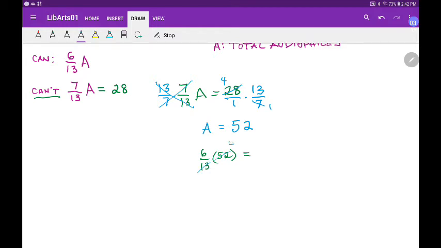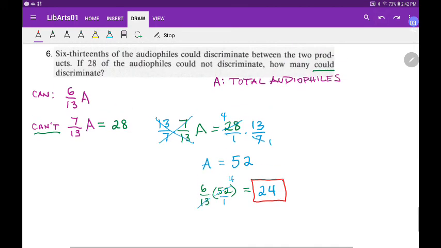There's 4 13s. Didn't I just say that the other day? Oh, yeah, right there. 4 times 13 is 52. So we know there's 4 13s. And so they cancel, because this is 52/1. And then we have 6 times 4 is 24. So we remembered to ourselves that there are a few less that could, and a few more that can't. But anyway, they wanted to know how many could. So that's how many could, 24 audio files.